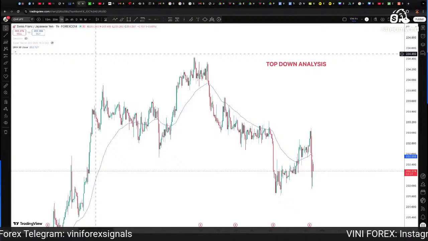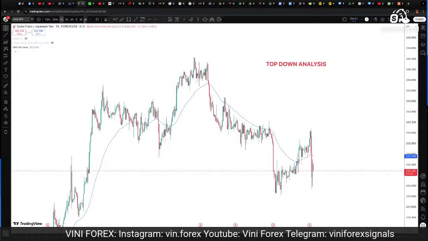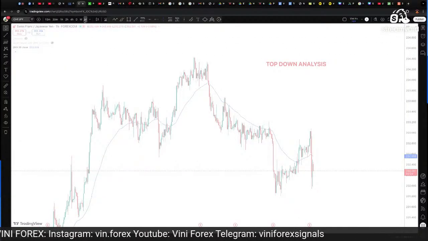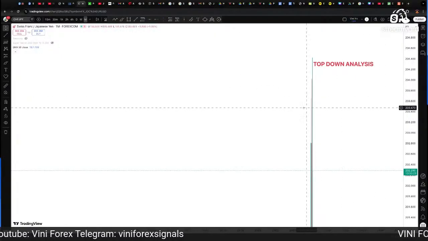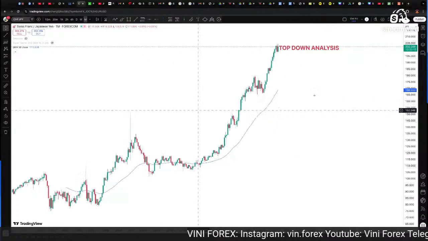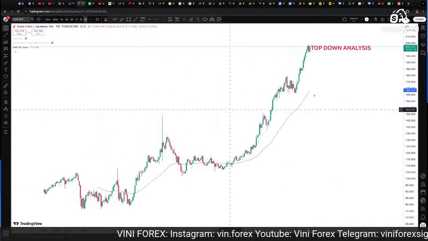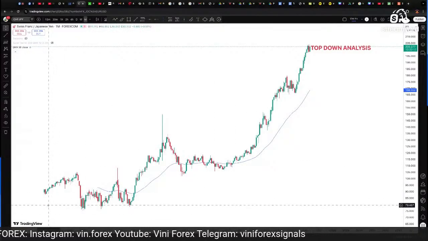So another thing we have to do now is go to the monthly time frame first. I've clicked it. The chart is loading. It has loaded. Once this happens, I right click my screen and click reset chart view. I just did that, and you can see that this market has been bullish.